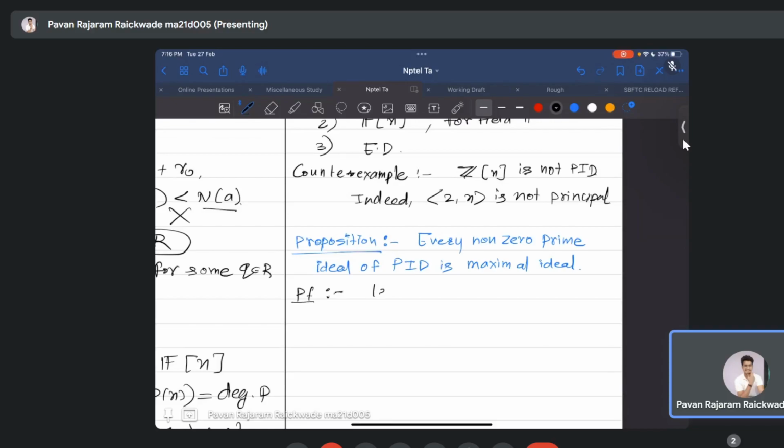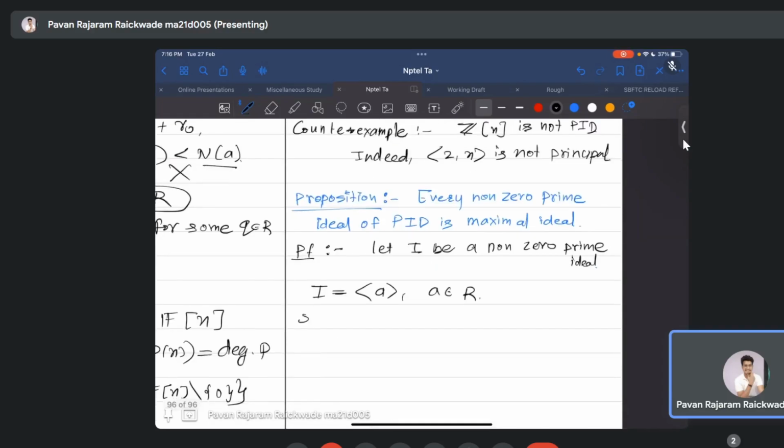Let I be a prime ideal, a non-zero prime ideal. Since you are in a PID, I will be generated by some element, let's say a, for a in your PID R, right?